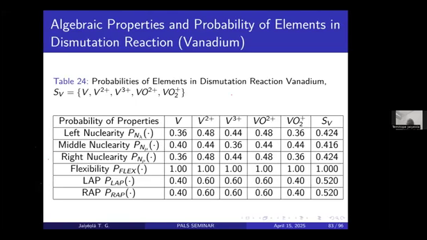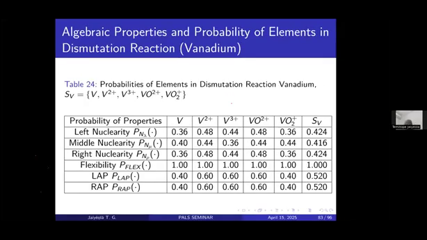For vanadium, as you can see, it also behaves similarly to indium. The behavior in vanadium is also similar to that of indium, as you can see here, flexibility. Okay?